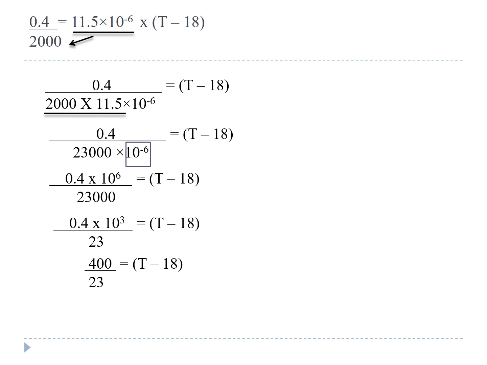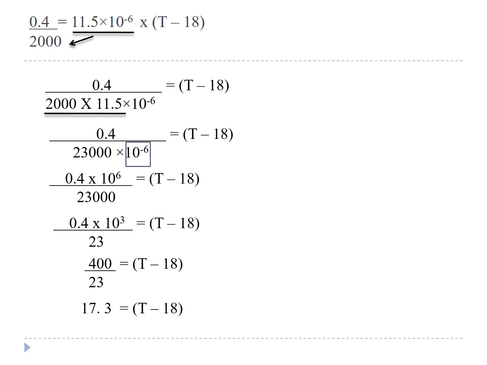It is 0.4, so one zero will be cut. So 0.4 into 1000 is 400. 400 divided by 23 is equal to t minus 18. If you do 400 divided by 23, you get 17.3. So 17.3 is equal to t minus 18.